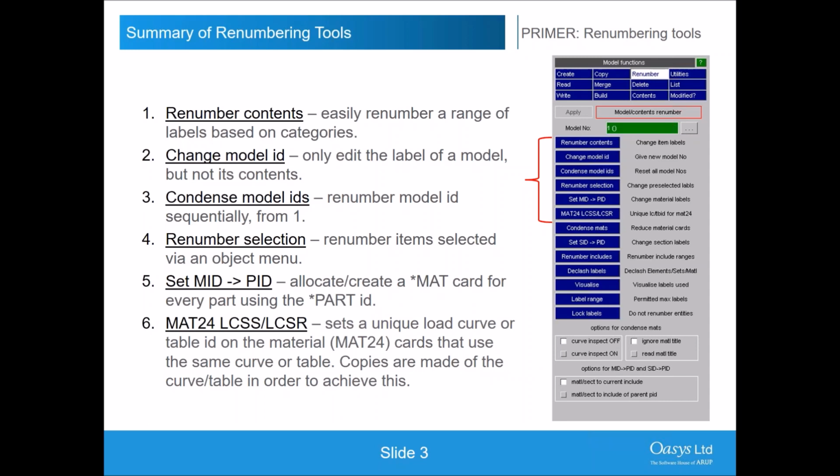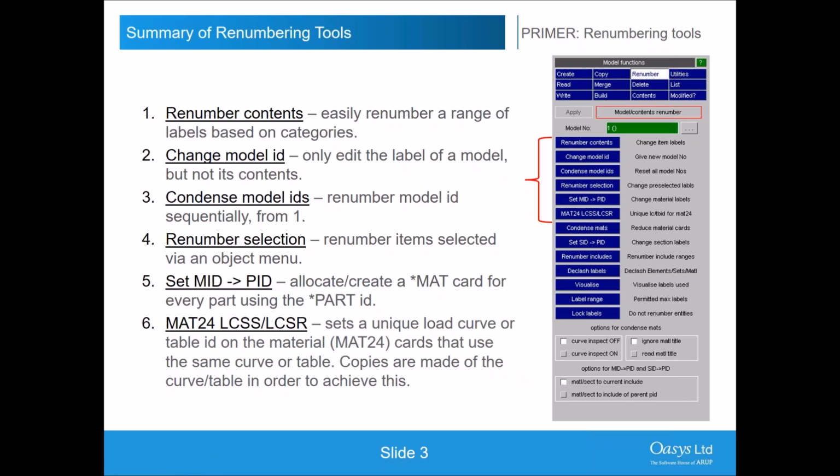Two, you've got Change Model ID, which simply changes the single model number that's associated with it. That's a relatively simple procedure. And you've got Condense Model ID. If you've got multiple models read in and they're not ordered sequentially, you can simply click that button to condense it so that it renumbers all the model IDs sequentially, starting from 1.